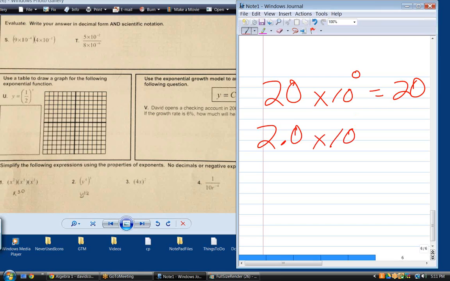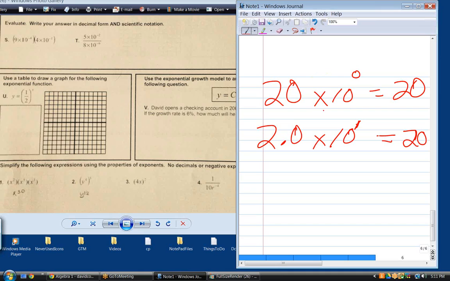-1. No. How do I get 20? In other words, 20 can't change. It's got to be equal to 20. So what would you multiply 2 by to be equal to 20? 10. 10 to the 1.